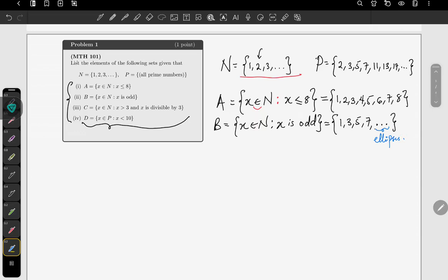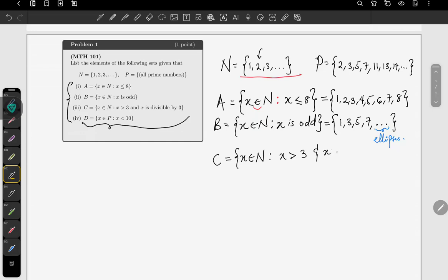All right, then the third one, set C. Set C is the set of elements of N such that x is greater than 3 and x is divisible by 3.